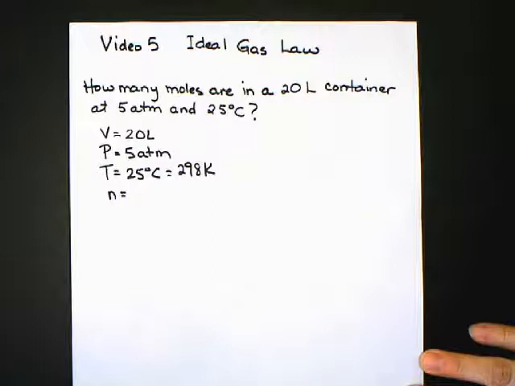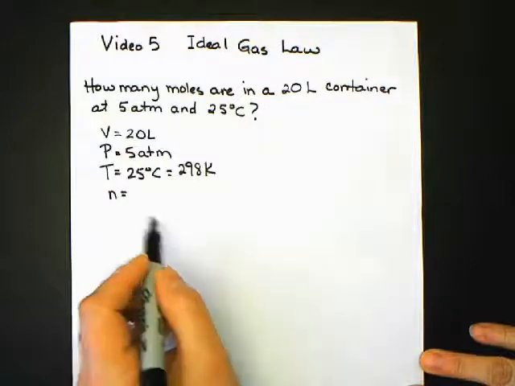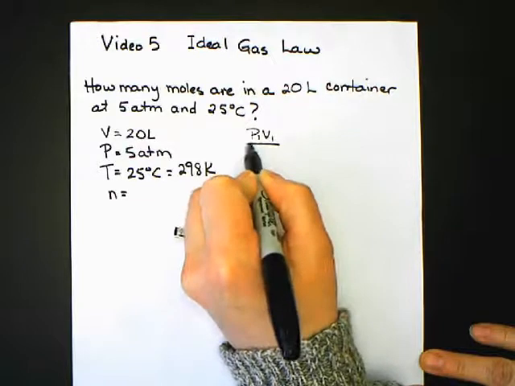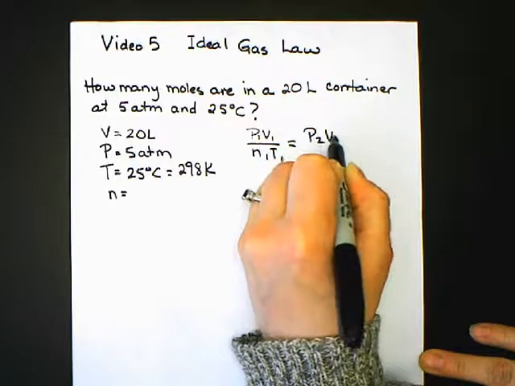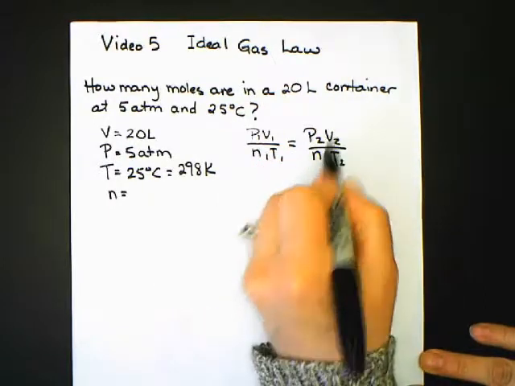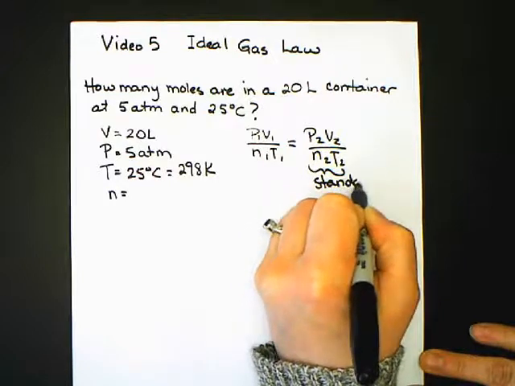Well, if you remember from the last video clip, we learned a set of standard conditions that are always true. So if I take that combined gas law and set one side equal to standard conditions, now I'm back to just having one unknown variable.